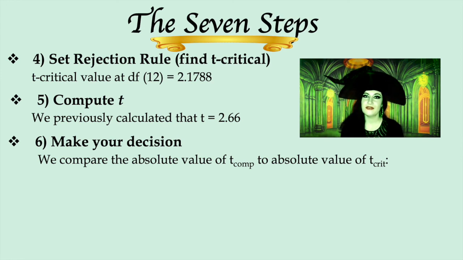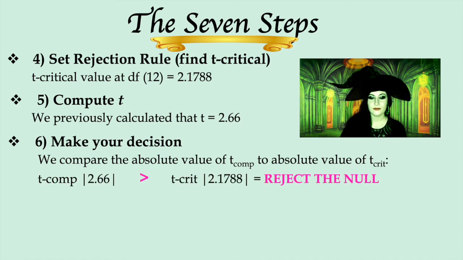If the t computed value is less than the t critical value, then we conclude that there are no differences because we fail to reject the null. By looking at this example, we can see that the absolute value of 2.66 is in fact greater than our t-critical value of 2.1788. So our decision will be to reject the null.